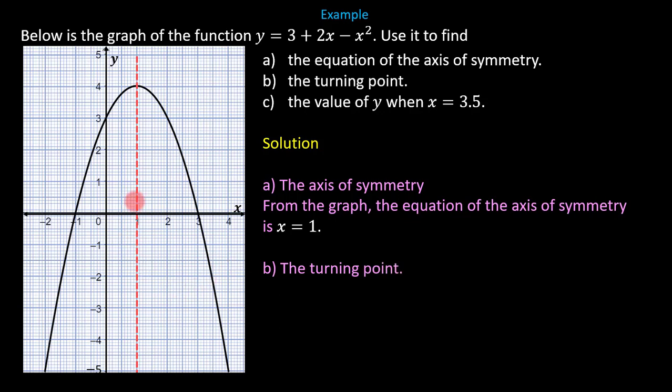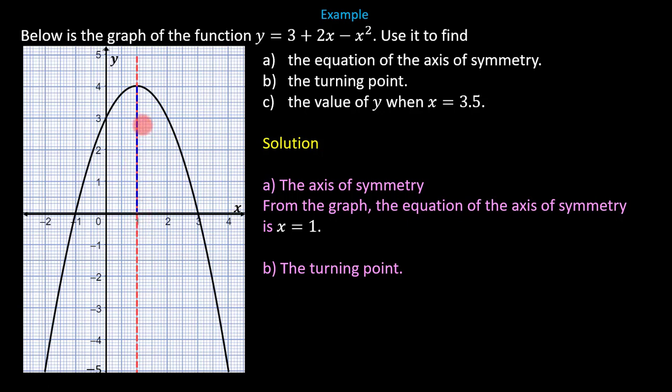Now, once you're able to identify your axis of symmetry, then you should know that the axis of symmetry passes through the turning point, which is obviously at this area you see here. Okay, so when you trace down from that point, we have it there pointing again to the 1 which we had earlier for the axis of symmetry.